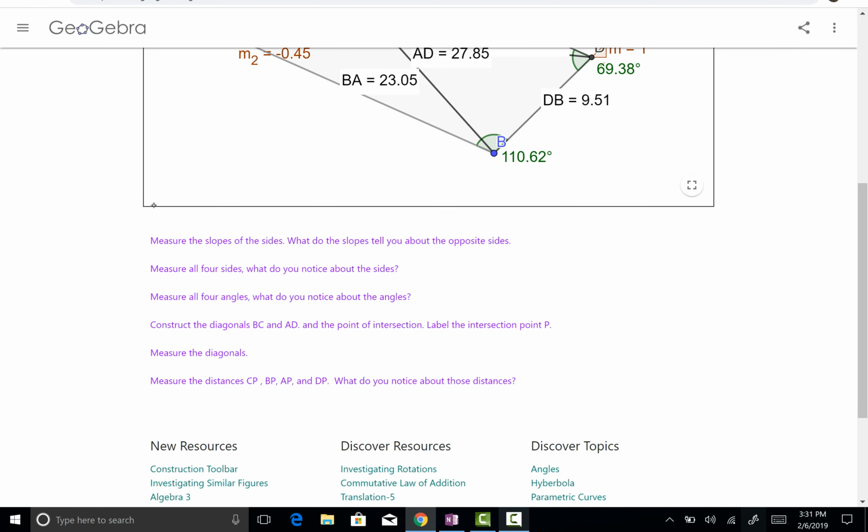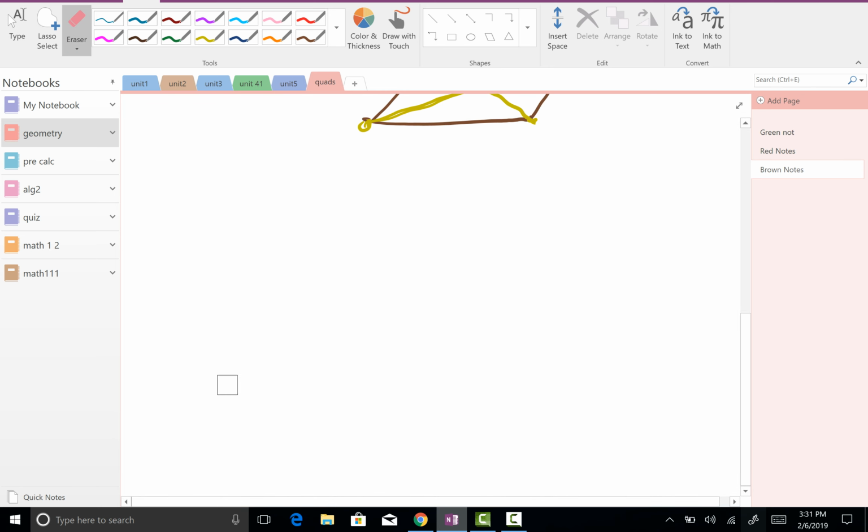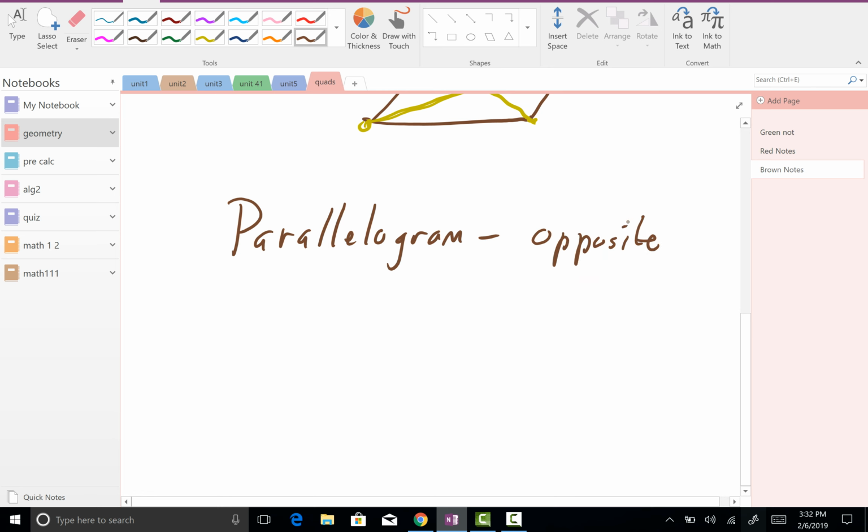Okay. So what we want to do then is record all this stuff, make sure we get it in our notes, right? So we want to say that in a parallelogram, we already know opposite sides are equal and parallel.